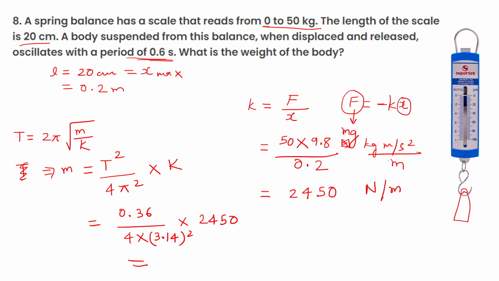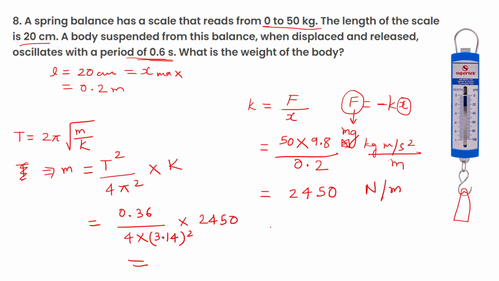So when we do this calculation, the value is 2450 times 0.36 divided by 4 times 3.14 square. Let me calculate this. So 3.14 times 3.14, that is 9 point something, times 4.